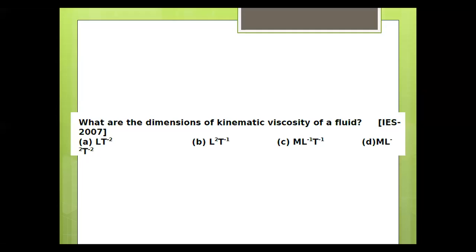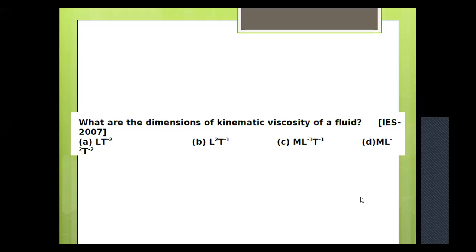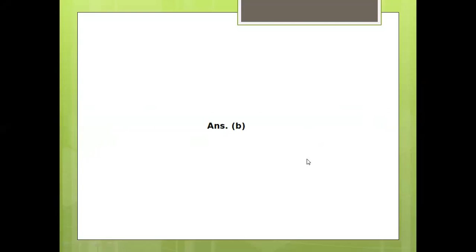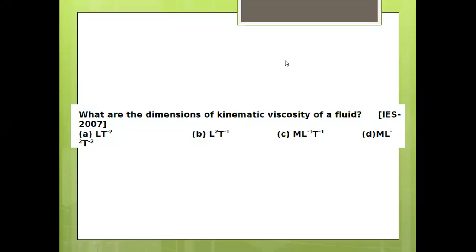network. Internet connection is fluctuating here. Yes. So what will be the answer for this question? Out of the 4 options, what will be the correct option for this? Am I audible?